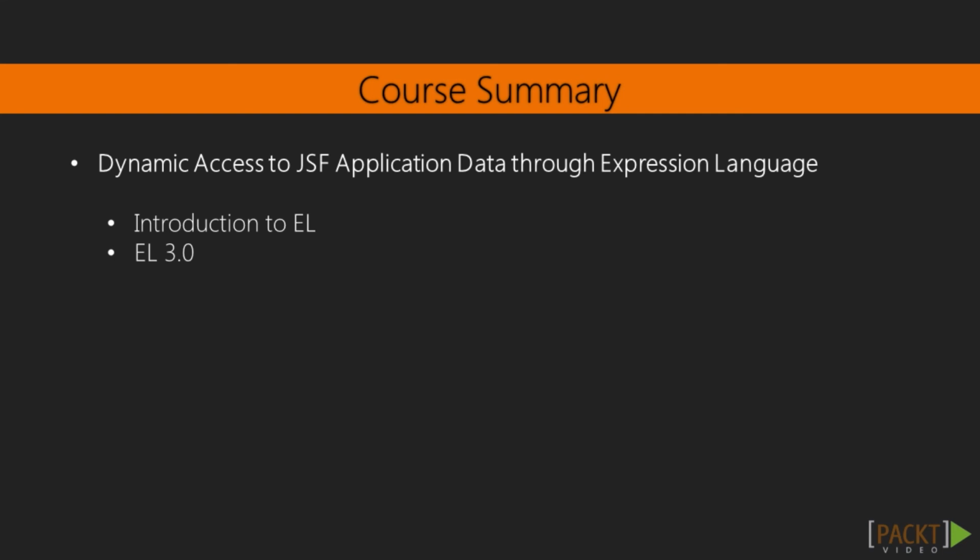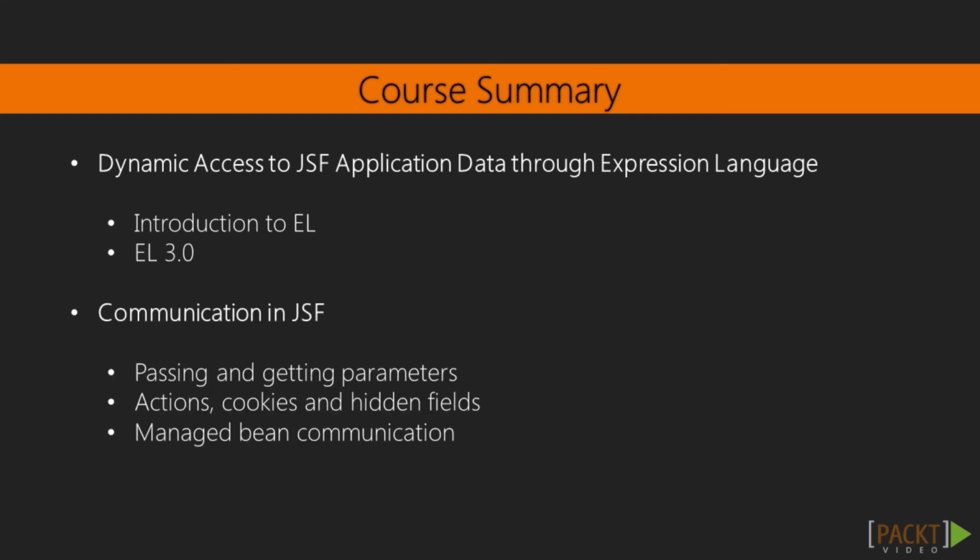In the first part of this course, we discussed dynamic access to JSF application data via expression language. After we covered the EL syntax, EL resolvers, and value and method expressions, we had an overview of the EL 3.0 new operators, lambda expressions, and collection objects.